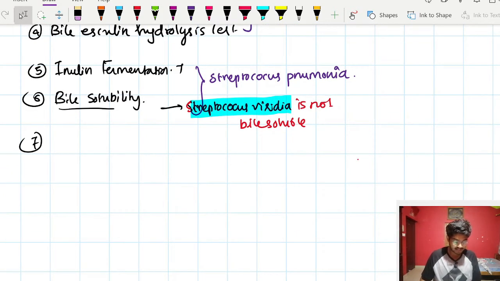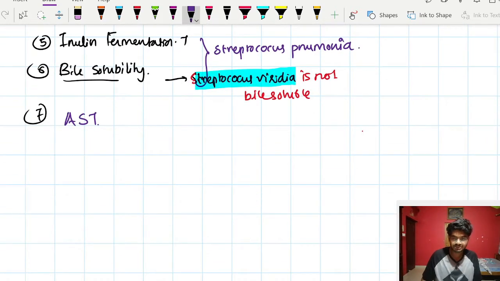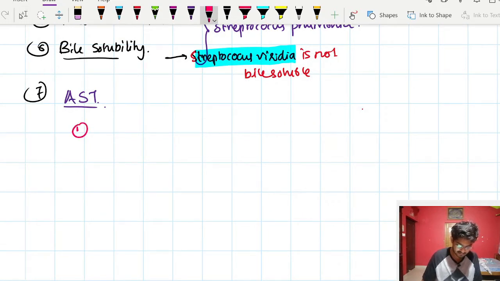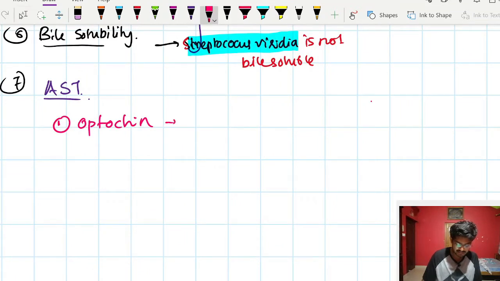Then our seventh test, which is used for gram positive bacteria, is the antimicrobial susceptibility test, which usually helps to differentiate whether it is a different strain of the same bacteria. Okay, so what are examples of the antimicrobial susceptibility test? One example is optochin. Optochin is an antibiotic, usually for Streptococcus pneumoniae.